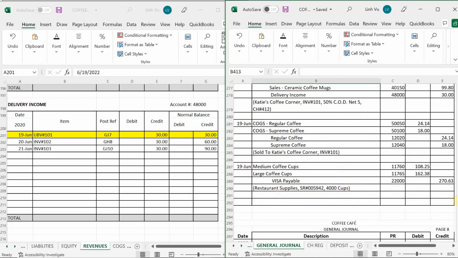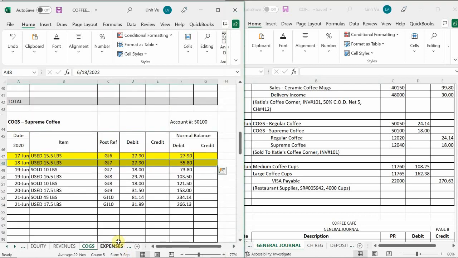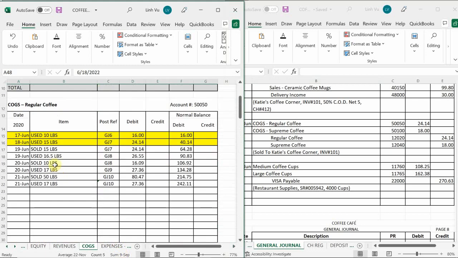So let's see. Here we sold for $24.14. Okay, and then we sold for $18.